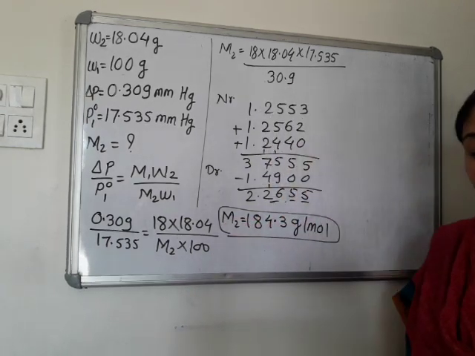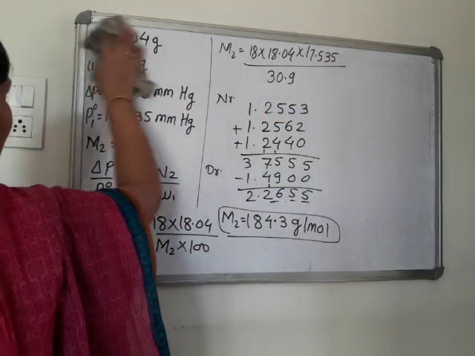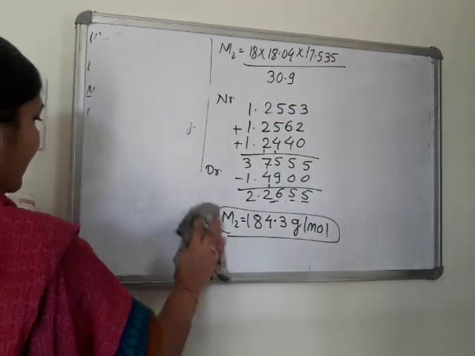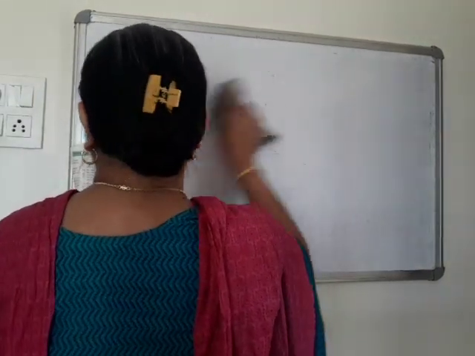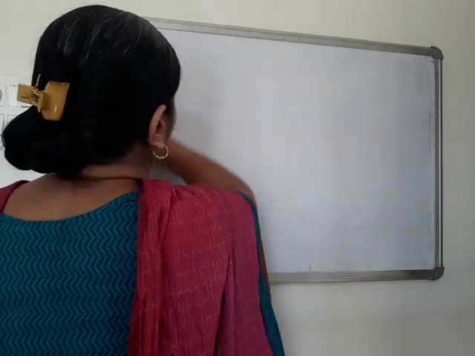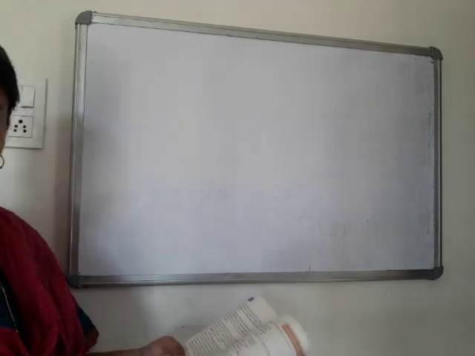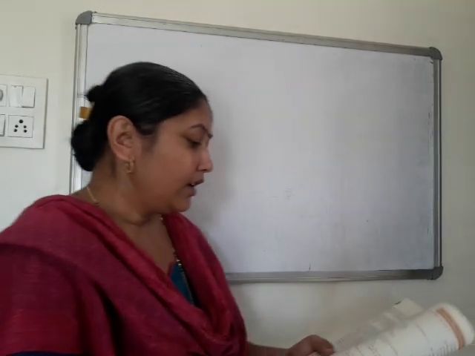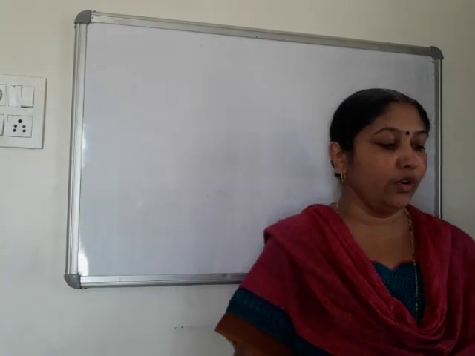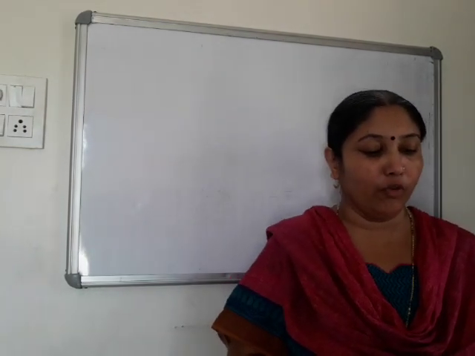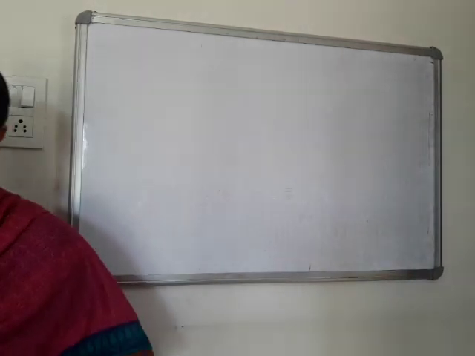Calculate vapor pressure of solution containing 2.8 gram of urea in 50 gram of water.